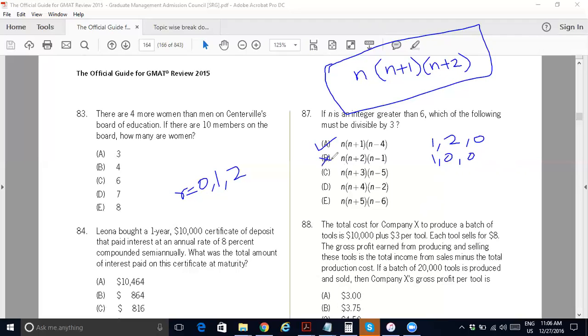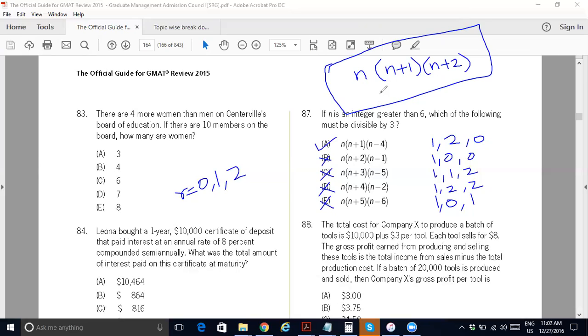Not possible. Then 10 gives 1, 13 will give 1, and 10 minus 6 is 4, which will give 1. Again, not possible. Then n gives 1, 14 gives 2, and 8 gives 2. Not possible. Then 10 plus 5 is 15, which gives 0, and 10 minus 6 is 4, which will give 1. Again, not possible. This is the first method.